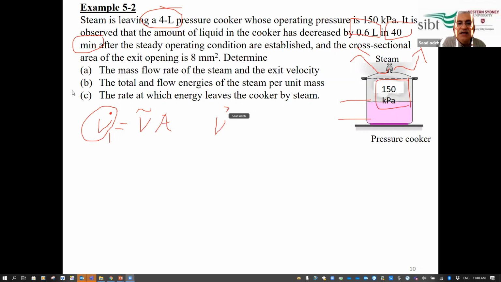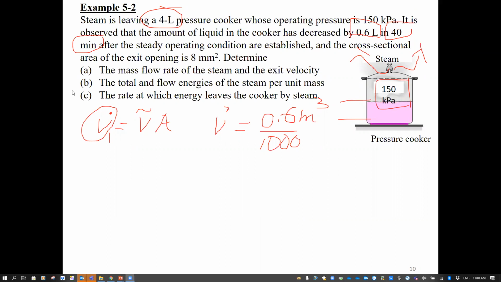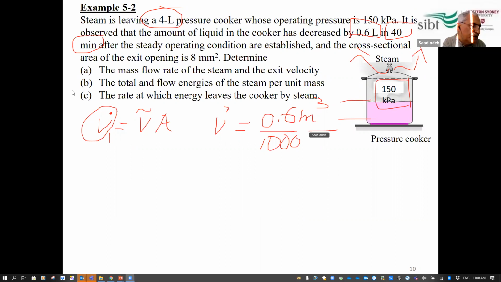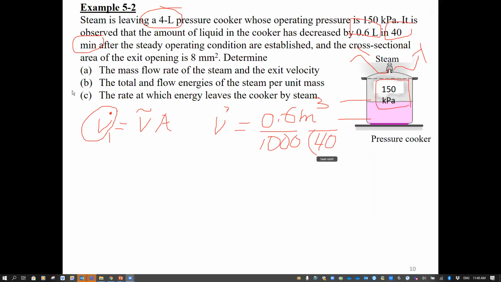V dot is equal to 0.6 liter divided by 1,000 to change it to cubic meter, and the time is 40 minutes, but we should change the minutes to seconds, so times 60.